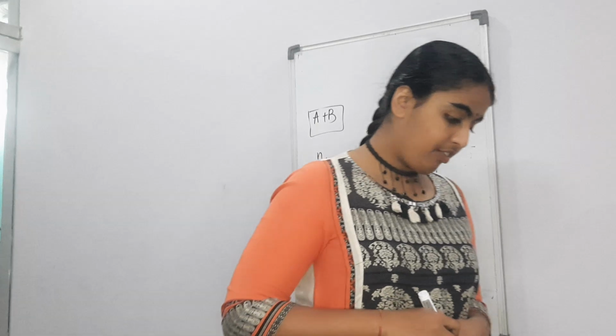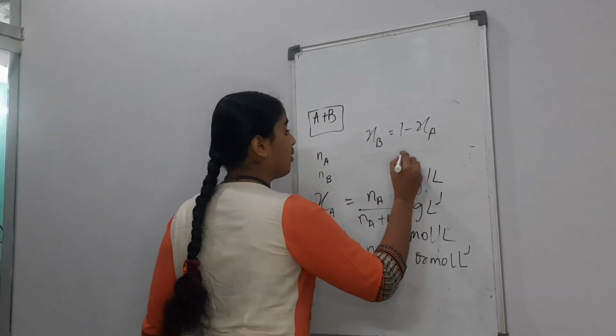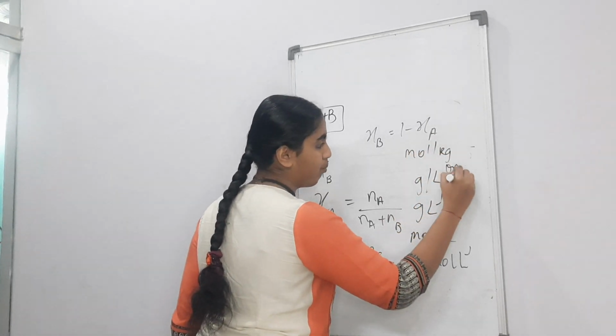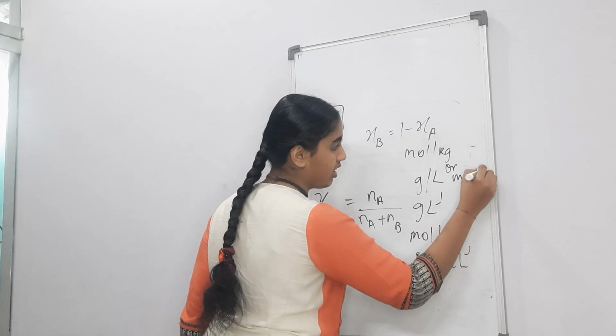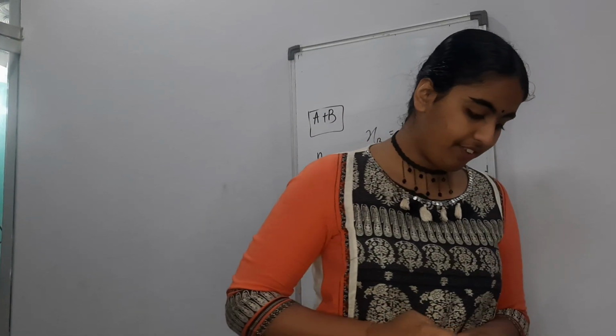And for molality it would be mole per kg, or mole kg inverse. And for mole fraction you have no unit. It's a ratio, it's not supposed to have any unit.